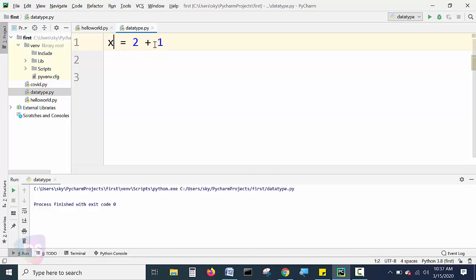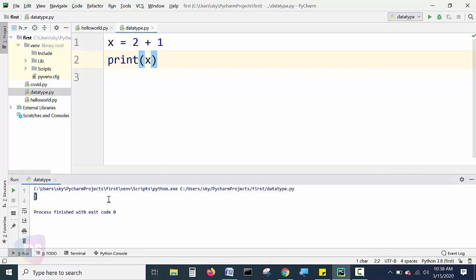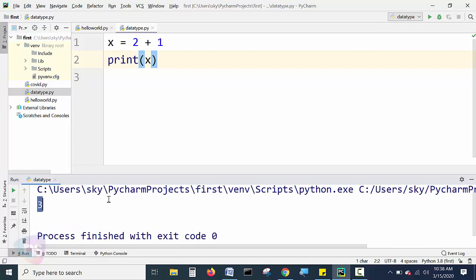That result I am assigning to x, and now I'll print x. I execute with the play button, expand the output, and the result is 3.